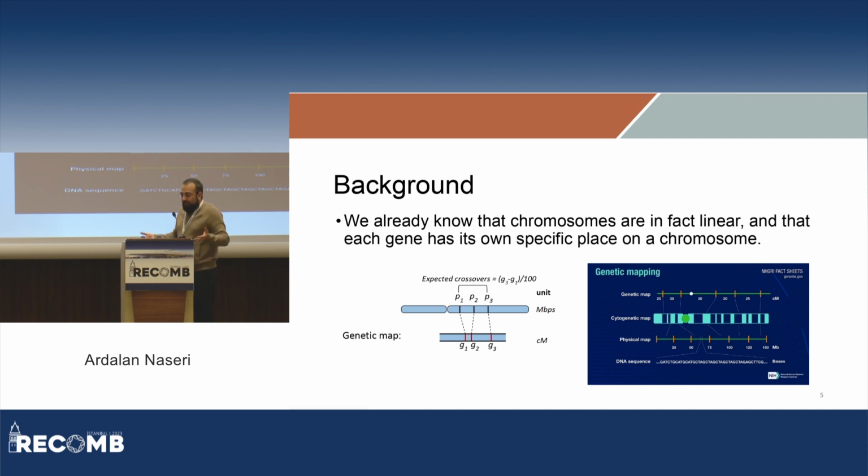So the goal of the project is to look at the data that we have. In the old way, people could look at parent-offspring data and estimate the recombination rate. But usually we don't have all the parent-offspring pairs in the data set. We have to look at the population data, and from the population data, we want to infer the recombination rates.